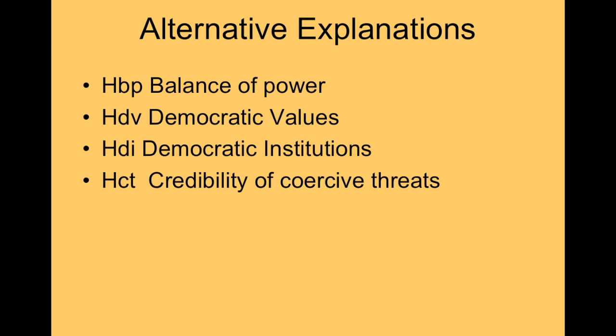And the way this works is that when a democratic leader, in this case the British Prime Minister and Foreign Minister, makes a threat to use force, if the British opposition party in Parliament says, we agree on that, we're willing to fight over this, well, that makes it a very credible threat to the French. Whereas if the opposition party in Britain says, we're not willing to fight over this, that would undermine the credibility of that threat, and the British might have to back down because it's been revealed that they have a bluff.